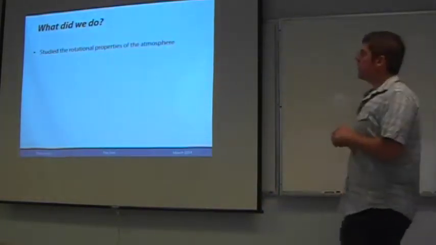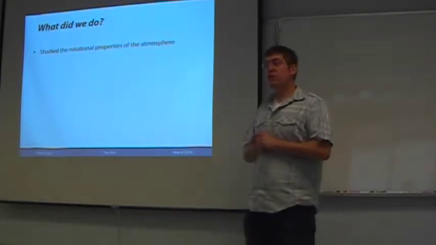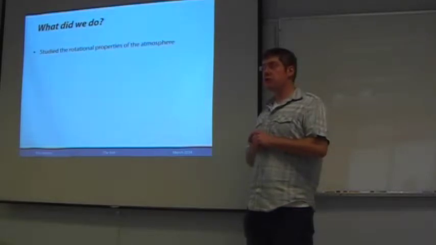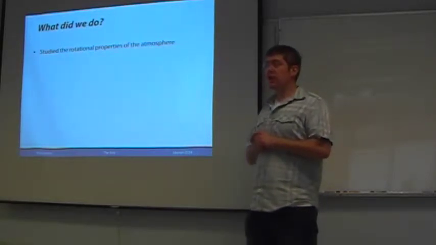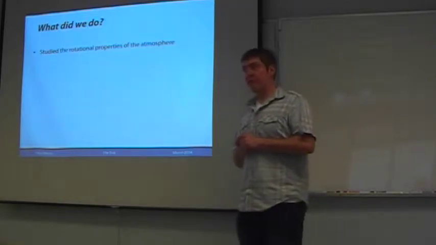So the first thing that we focused on then was studying the rotational properties of the atmosphere. The atmosphere, to a large degree, is divergence-free. That is, taking the horizontal divergence of the atmosphere leads to a quantity which is approximately 1 order of magnitude smaller than that due to the rotational part of the atmosphere.